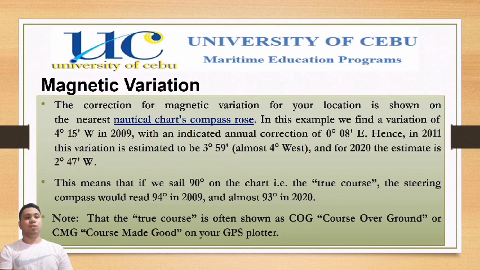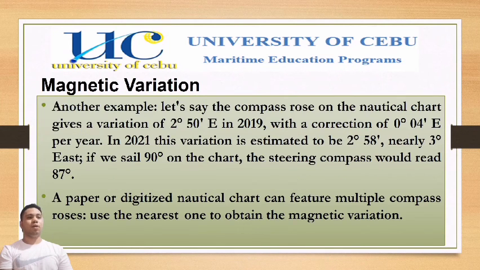Note that the true course is often shown as COG, or course over ground, or CMG, course made good, on your GPS plotter. Another example: let's say the compass rose on the nautical chart gives the variation of 2 degrees 50 minutes east in 2019, with a correction of 0 degrees 4 minutes east per year.